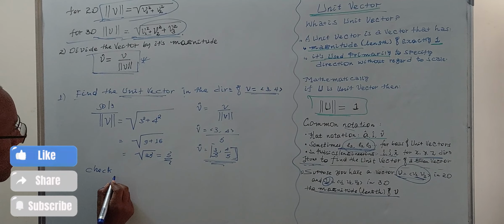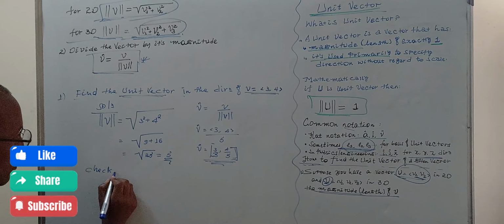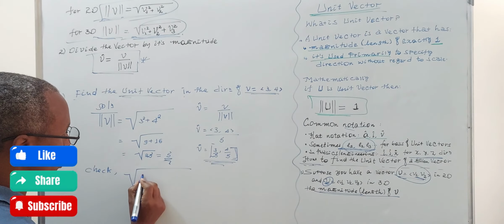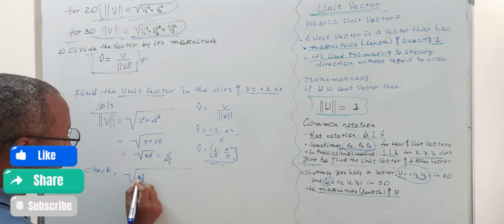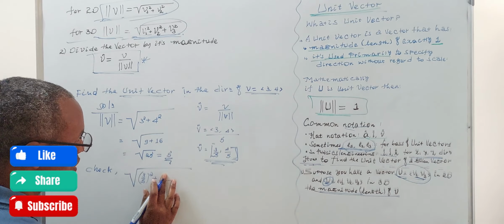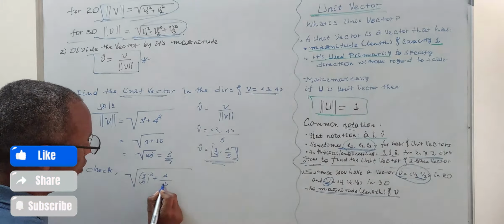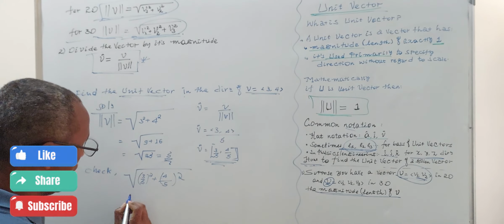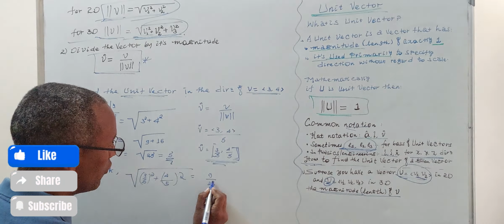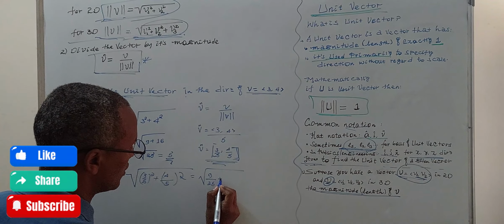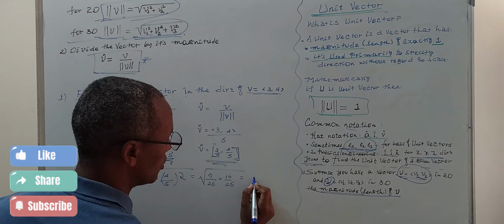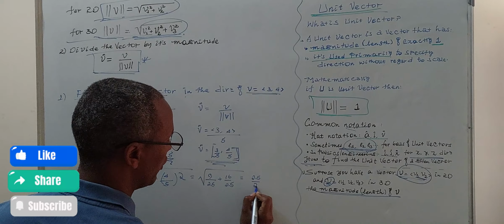So to verify, the square root of (3 upon 5) square plus (4 upon 5) the whole square. Meaning this is the square root of 9 upon 25 plus 16 upon 25, which is equal to 25 upon 25.